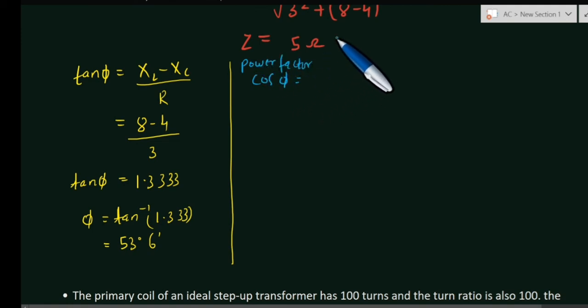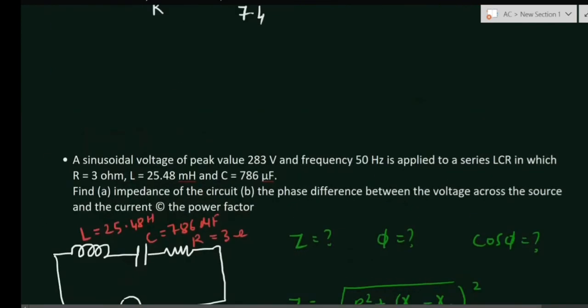Power factor cos phi is equal to R divided by Z, and R value is 3 divided by 5, this is equal to 0.6. So this is the value of power factor, that is 0.6. This is what they are asking in the problem.